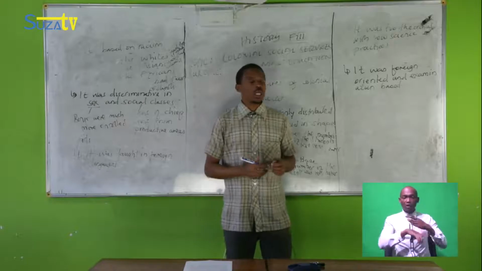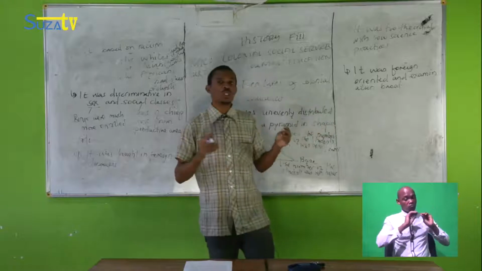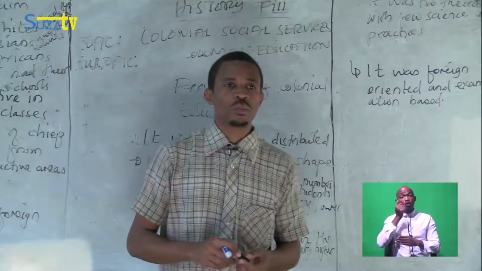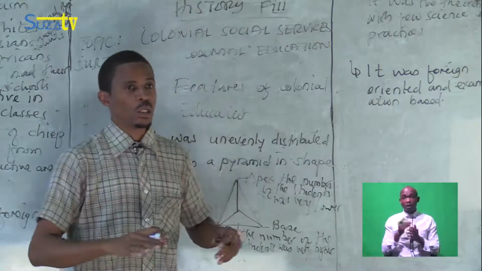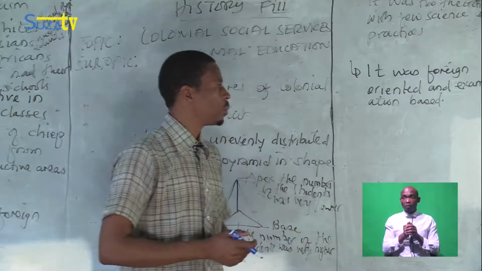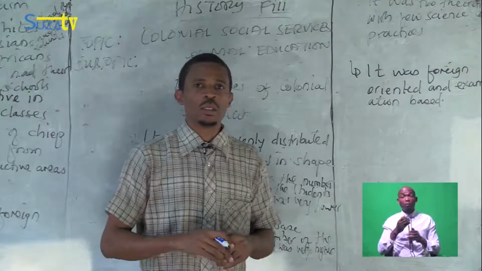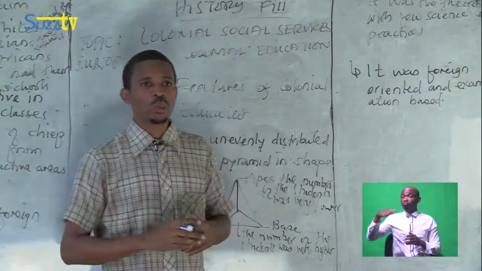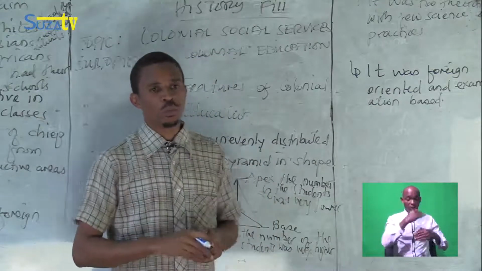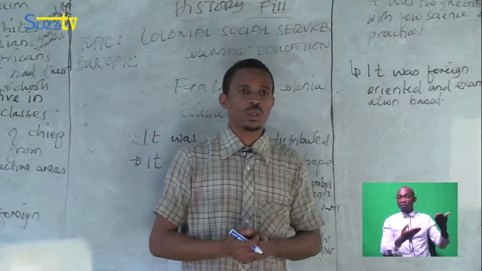This means the Africans were taught various issues concerning the European continent rather than the African continent. The Africans were taught about mountains in Europe, while we have our own mountains in Africa. And the content provided to the students was based on examination. Are we together? Okay?